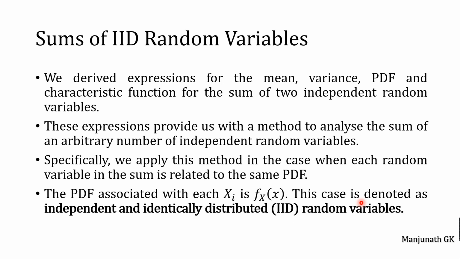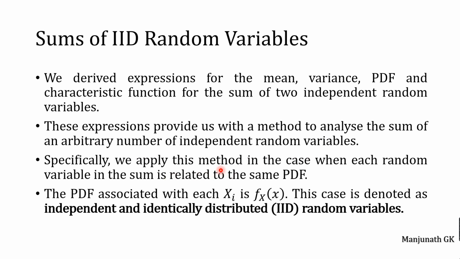Let us discuss a sum of independent and identically distributed random variables. We have calculated the mean, variance, PDF and characteristic functions of sums of two independent random variables. These expressions provide us with a method to analyze the sum of an arbitrary number of independent random variables.